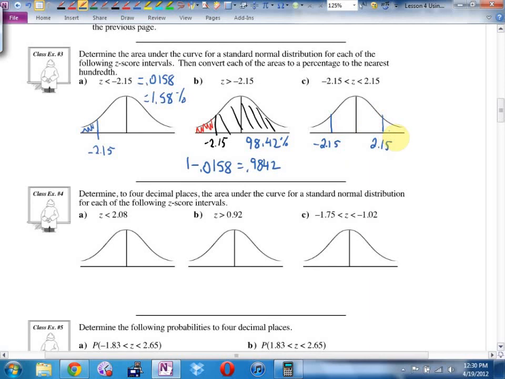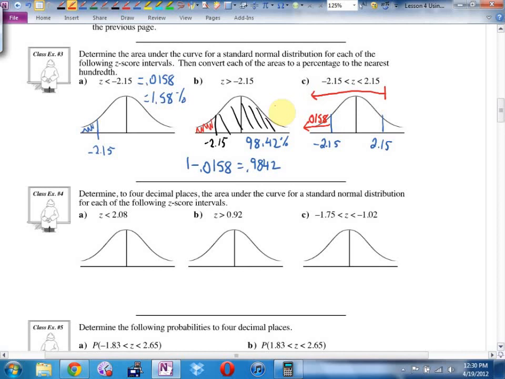How can I find that? Now I'm going to have to do two calculations. The first thing I'm going to find is that area, which we already did in A. It was 0.0158, yes? Can you also now find me this area?